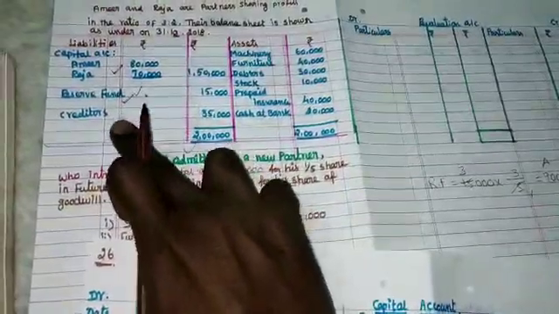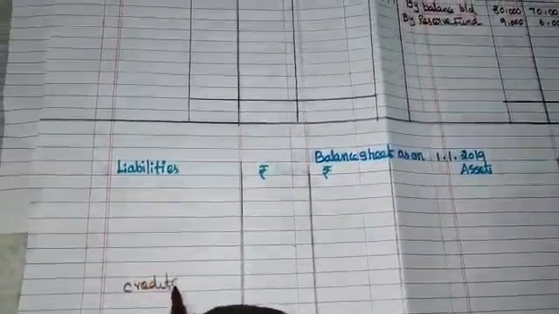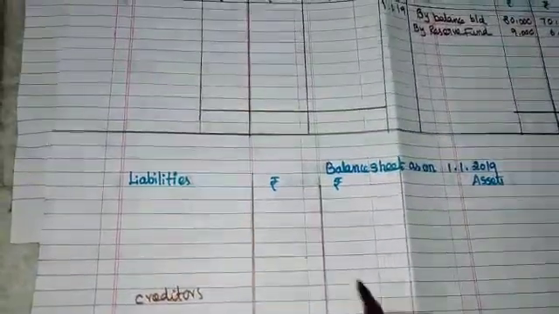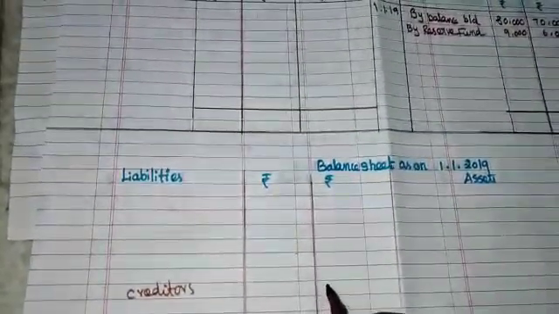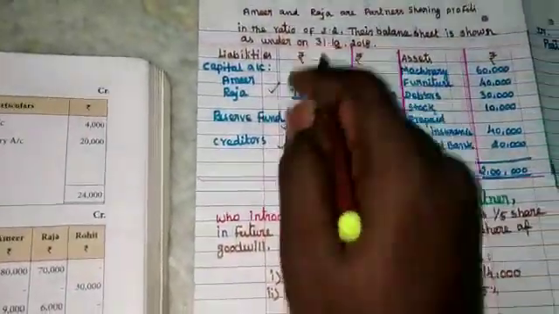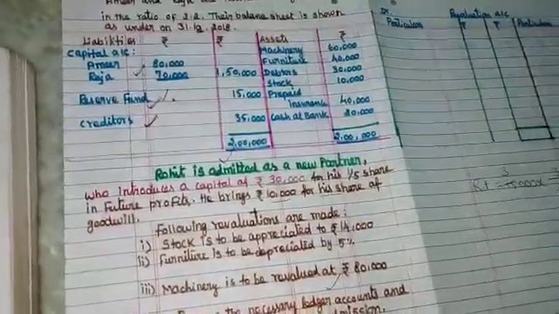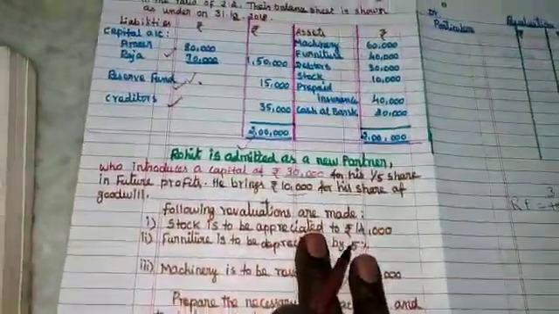So the reserve fund is also recorded. Creditors will be recorded in the balance sheet. Creditors rupees 35,000. It can be placed in the outer column also. So everything is recorded on the liability side. Now we can go to the additional details given here.